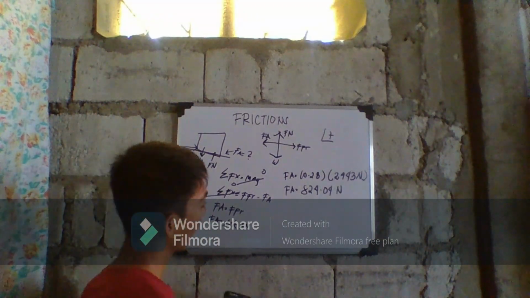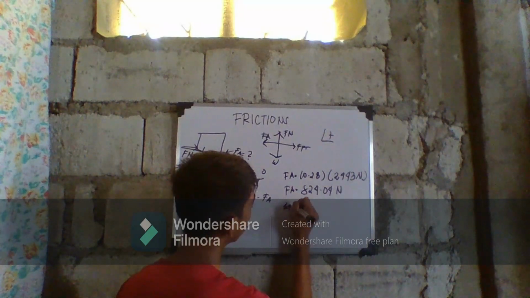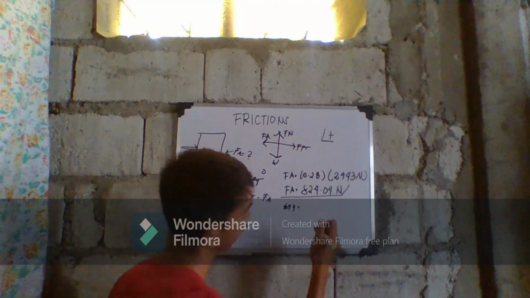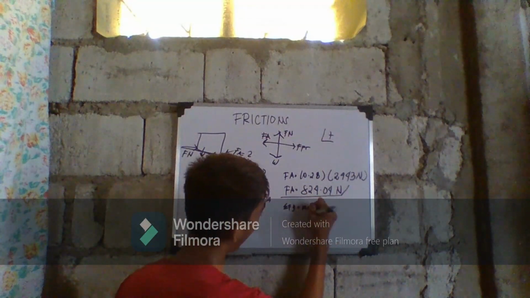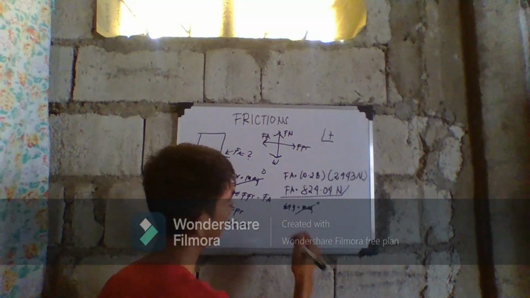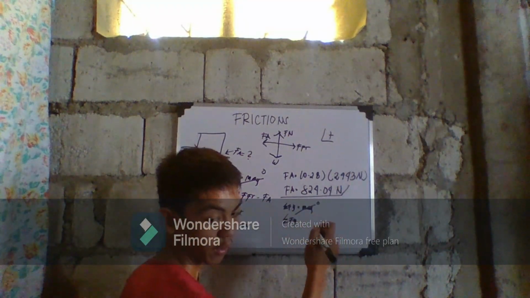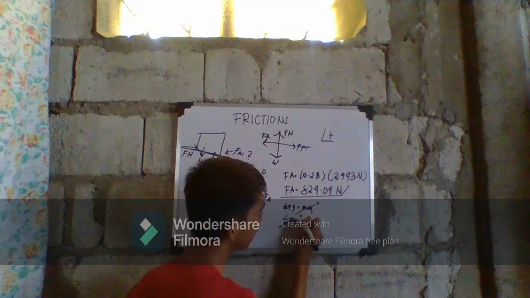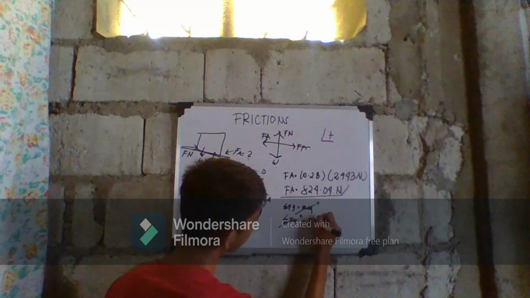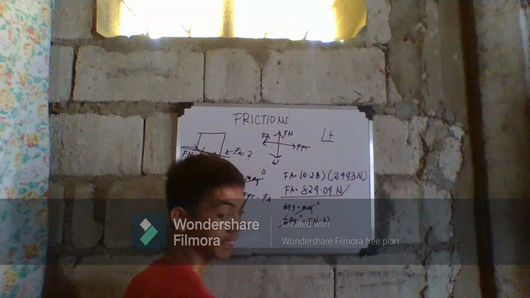So, F_y naman tayo, summation of F_y is equal to ma, cancel mo yan, 0 yan. Then, summation of F_y, cancel, 0, equals force net minus weight.